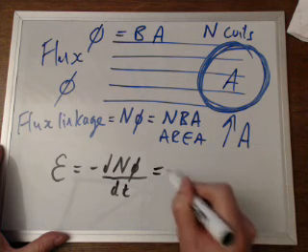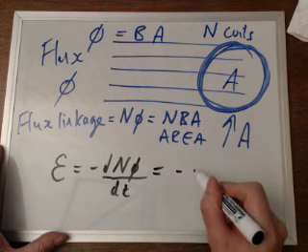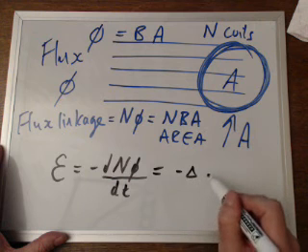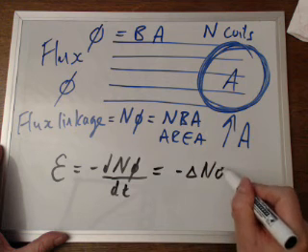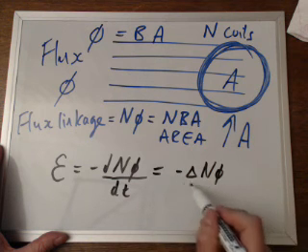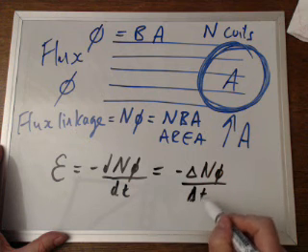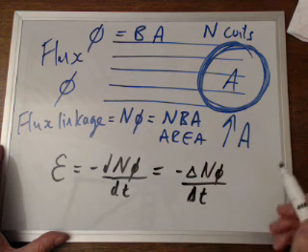Another way of writing it, more familiar with the IB syllabus, is you write it as minus, little triangle there, delta, rate of change of flux linkage, divided by the change in time. Sometimes the n is taken out, but of course n can change, but sometimes the n is put in front of that.